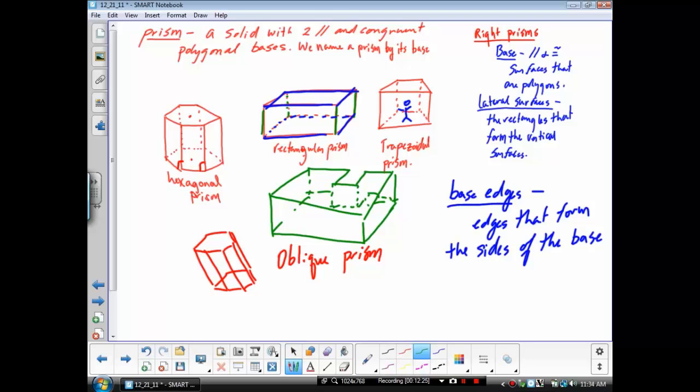So lateral edges, L-A-T-E-R-A-L, are the edges that are vertical. I guess the base edges we could call the horizontal edges.